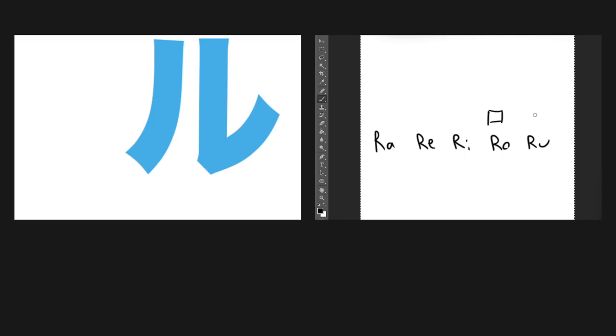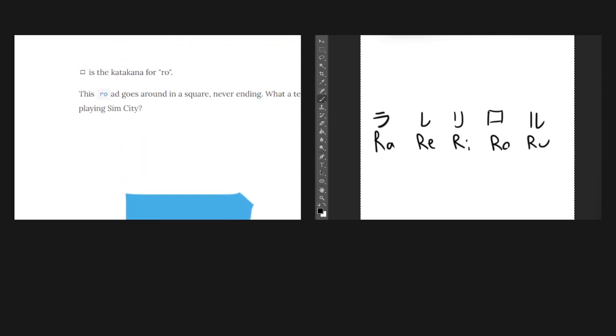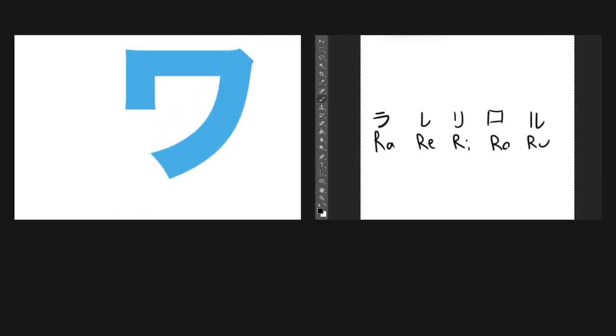More letters I have to practice. This is ru. This is re. Oh yes, re is the same. And ra looks like fu. Okay. Obviously, I need a lot more practice on that one.